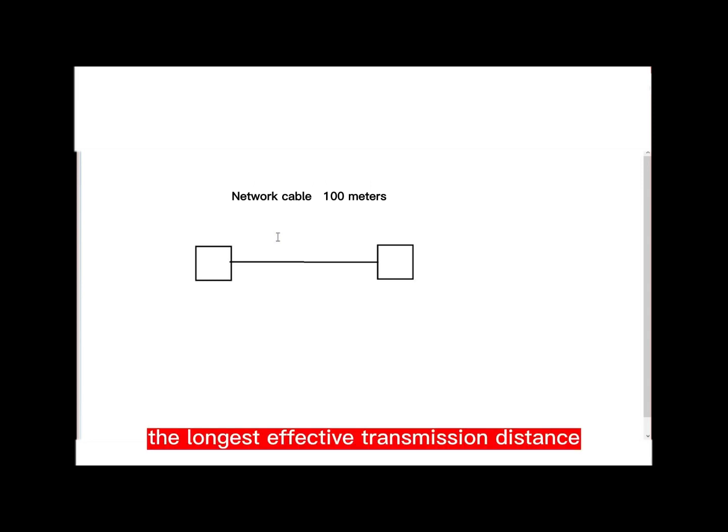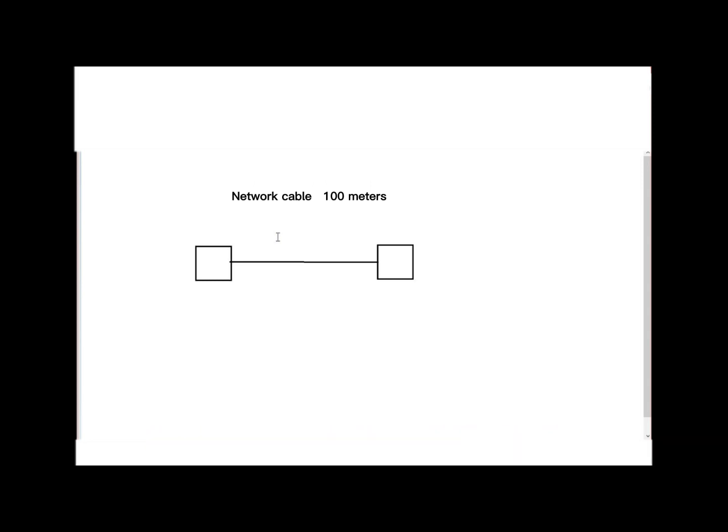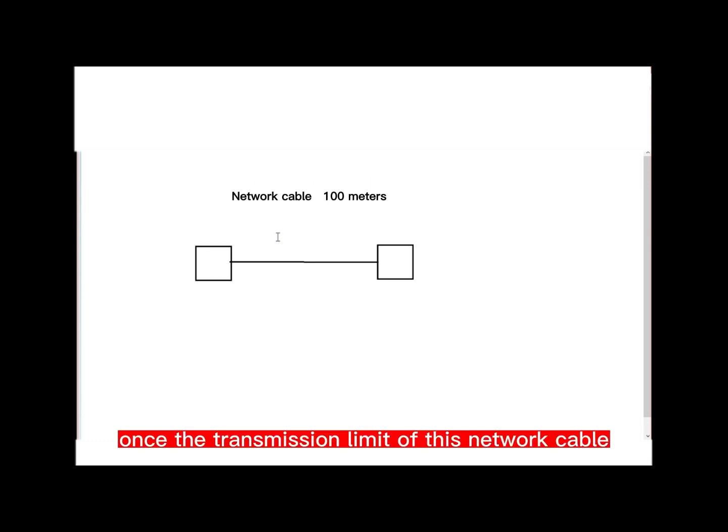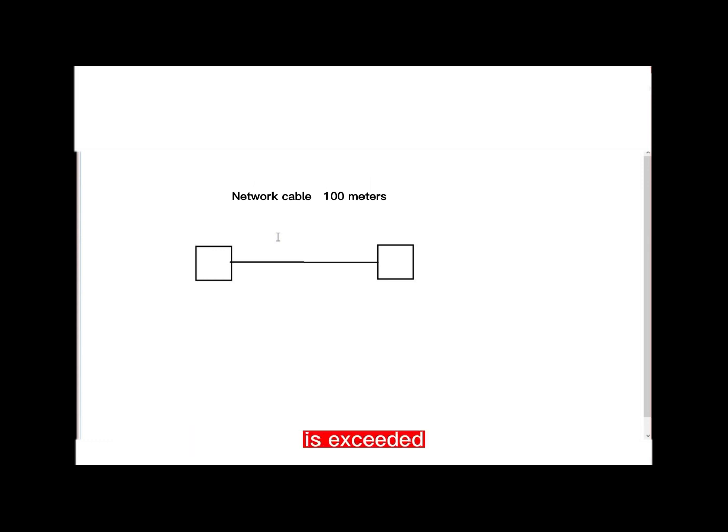The longest effective transmission distance of the network cable is 100 meters. If the two computers are too far apart, once the transmission limit of this network cable is exceeded, then the data starts to be lost. This is what we call lost packets. Your data signal is unstable. Data can be passed, but there will be packet loss. So we will have a way.